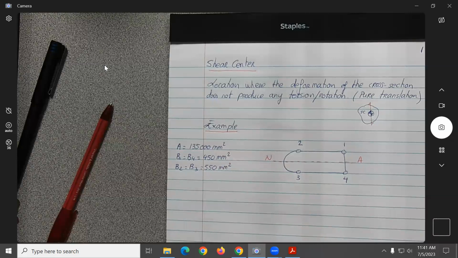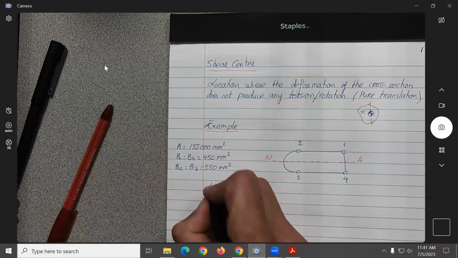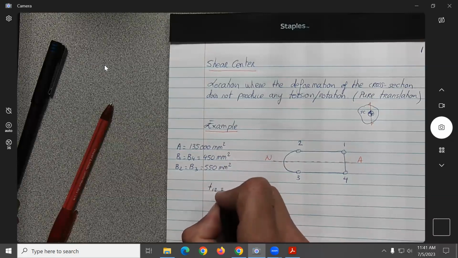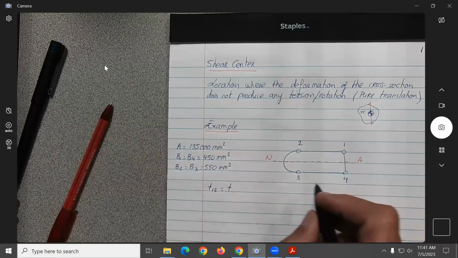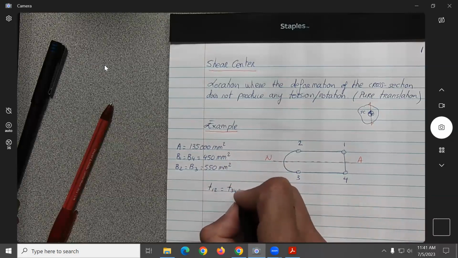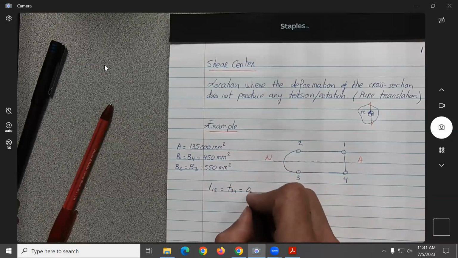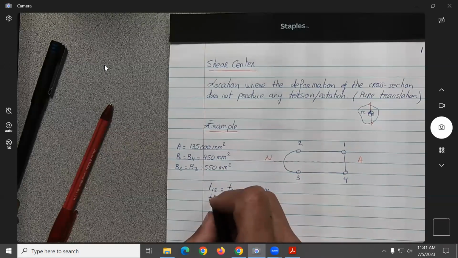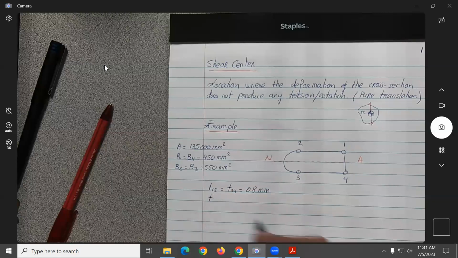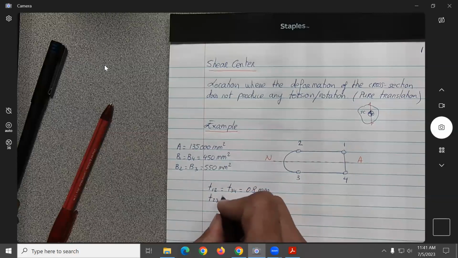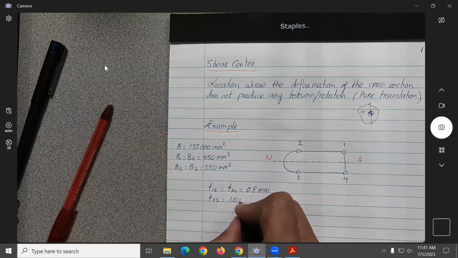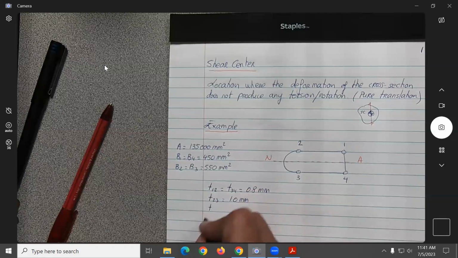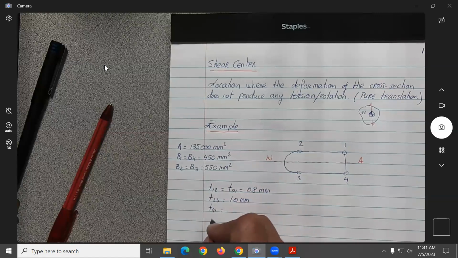Okay, in this problem, they give you a bit different data over here. They tell you that the thickness of the segment 1,2 equals the thickness of the segment 3,4. So that's good. Otherwise, I would have to move that line, which is 0.8 millimeters. And I guess the thickness of the segment 2,3 equals 1 millimeter. Thickness of segment 4,1 or 1,4, whatever you want to call it, is equal to 1.2 millimeters.